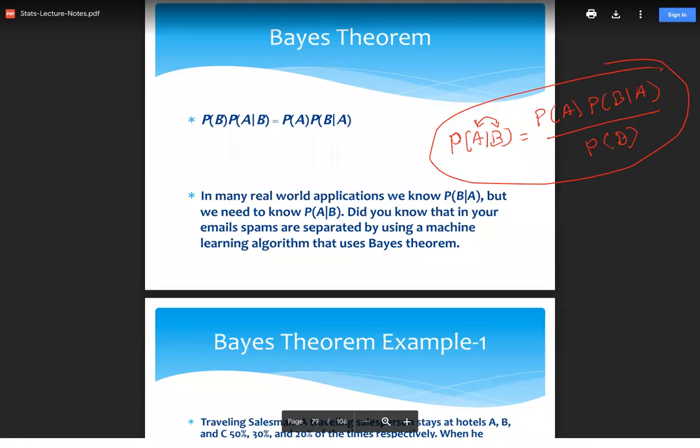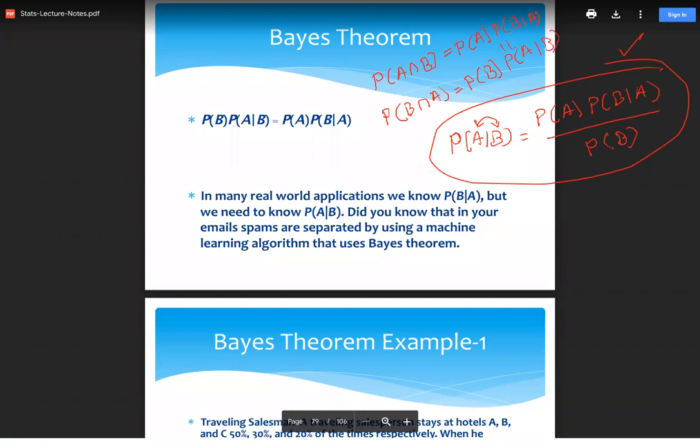And I have shown you how to derive the Bayes theorem, or Bayes formula, by using the definition of AND, the probability of A and B, right? A and B is the same as the probability of A times the probability of B given A, or the probability of B intersection A is the same as the probability of B times the probability of A given that B has happened.